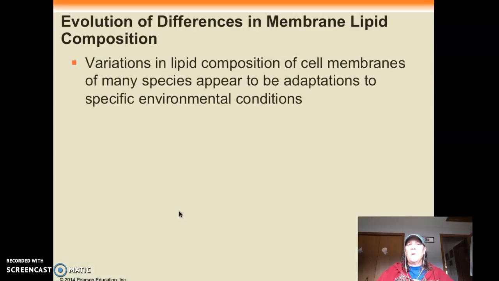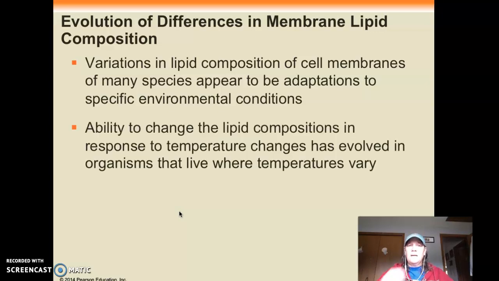The variations in the composition, they think, is an evolutionary thing. It's allowed us to adapt to certain environmental conditions, when the temperature changes, because we've got organisms that live in extreme heat, extreme cold, and a variety of everything in between. So they think the organisms that were able to change their composition are the ones that survived better, and obviously they reproduced, and the ones that didn't died out.